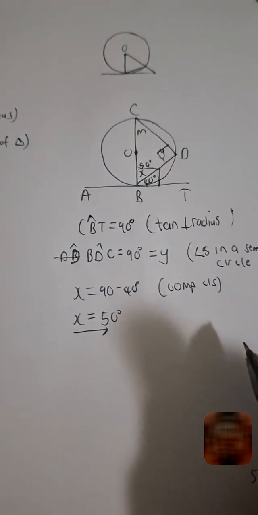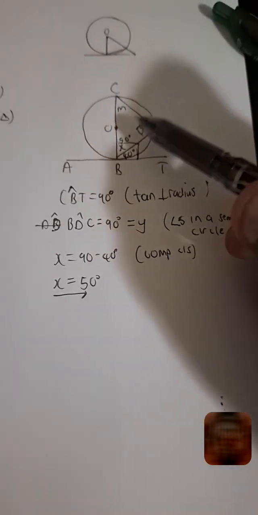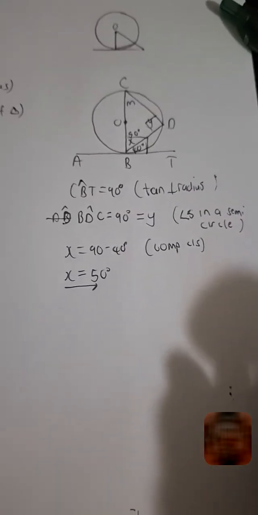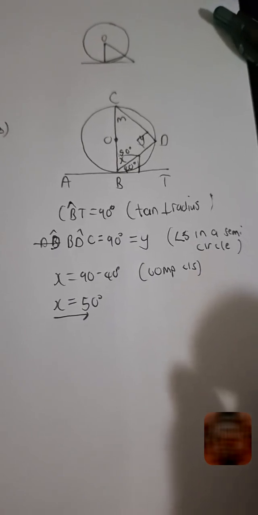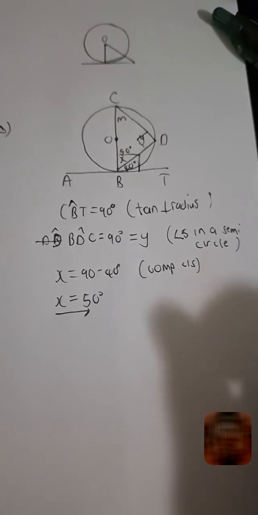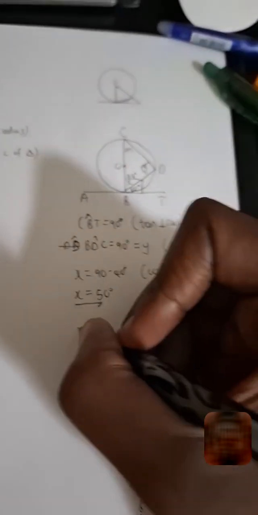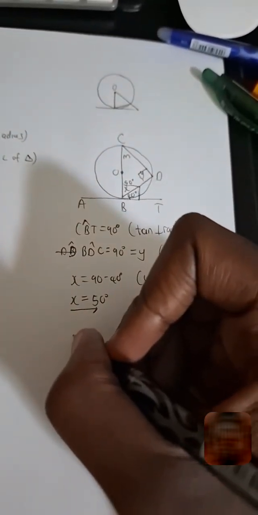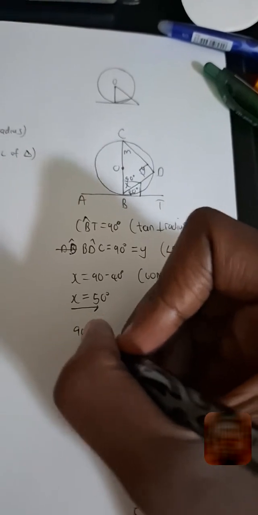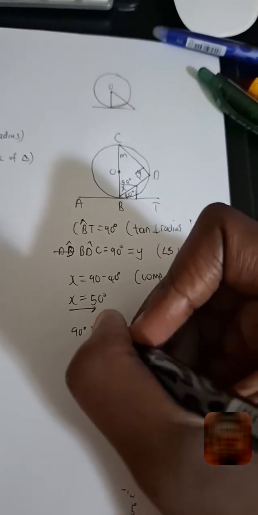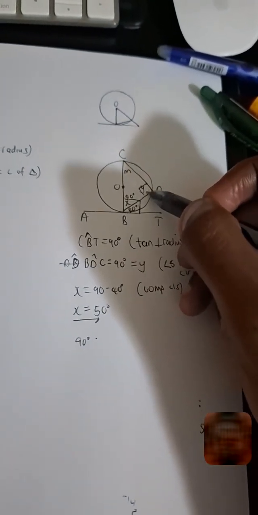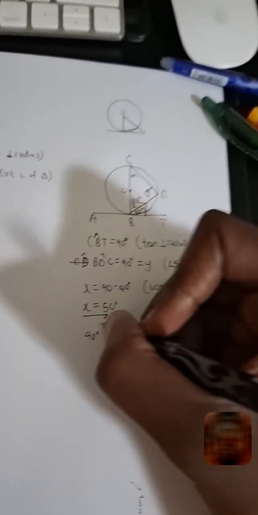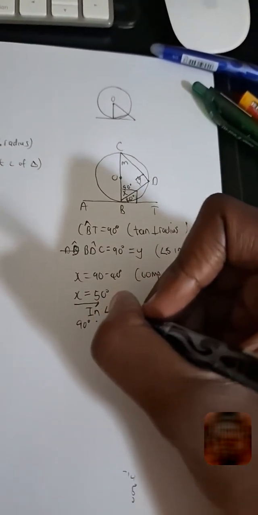Now for m, angles in a triangle add up to 180 degrees. Very true. So I say the value of b, which is 90, plus the value of y, this 90 here, plus 50, the value of x.